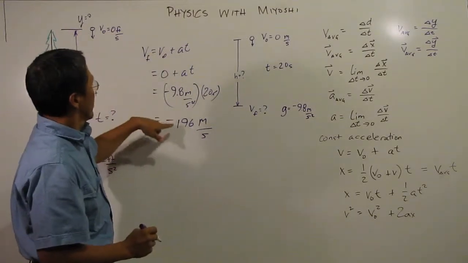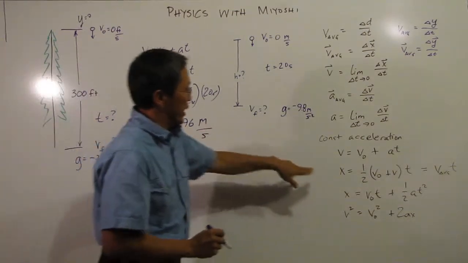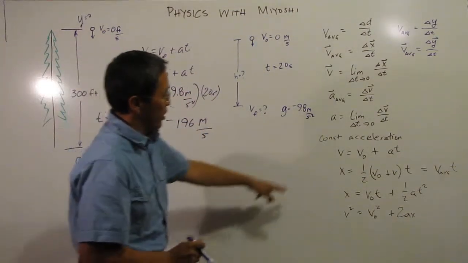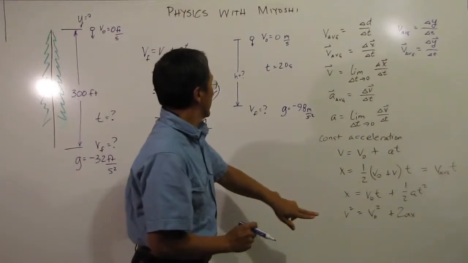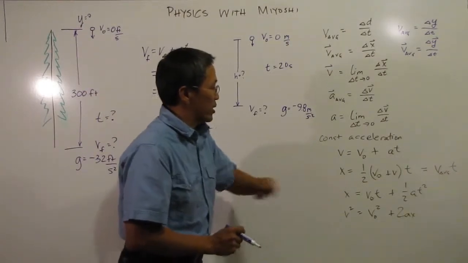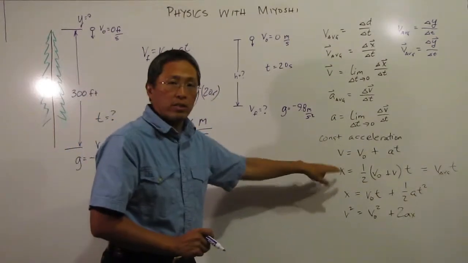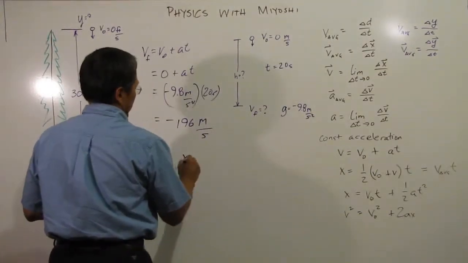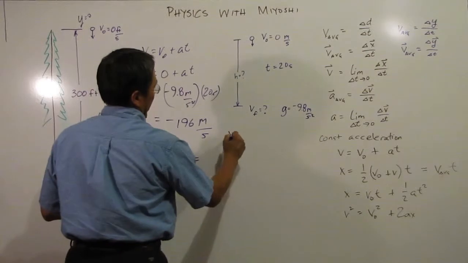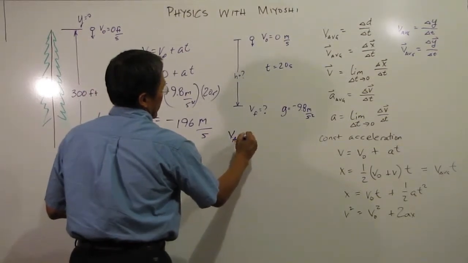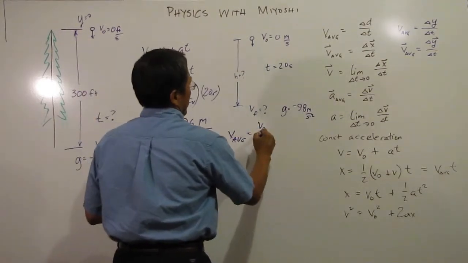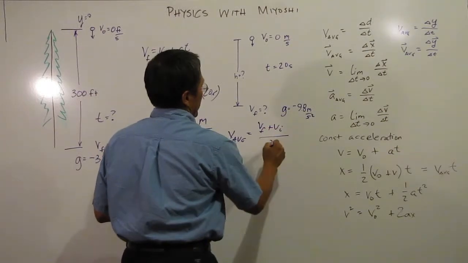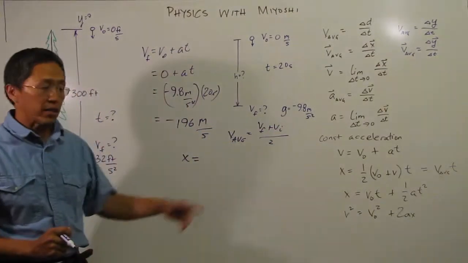Okay. Now, to find the distance, we can again use this one. We could also, if we wanted to, use this equation here, but this one is a little bit easier, I think. So we'll just use V average. V average is V final plus V initial divided by 2, as long as we have constant acceleration.